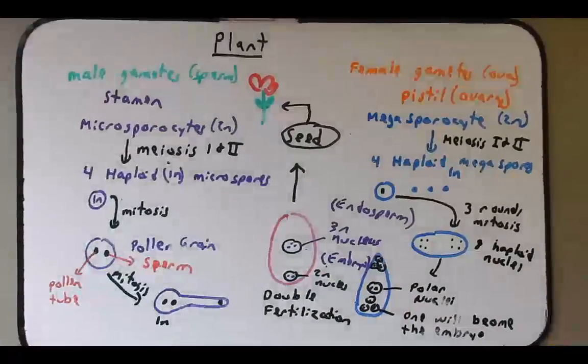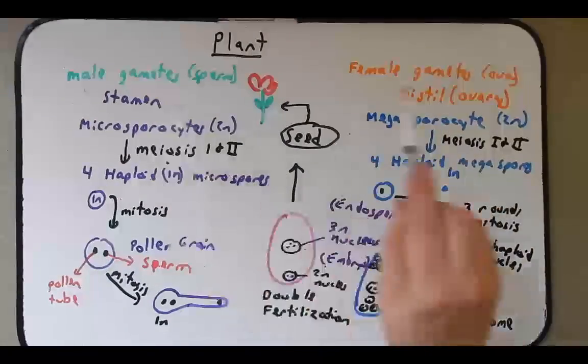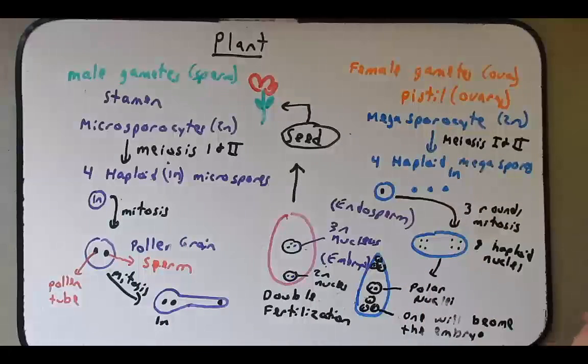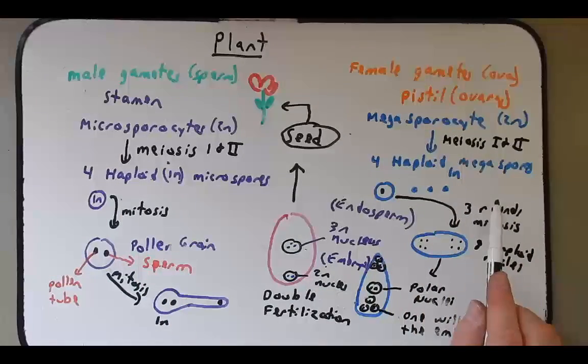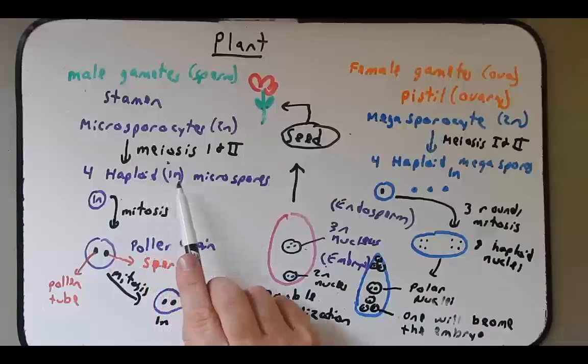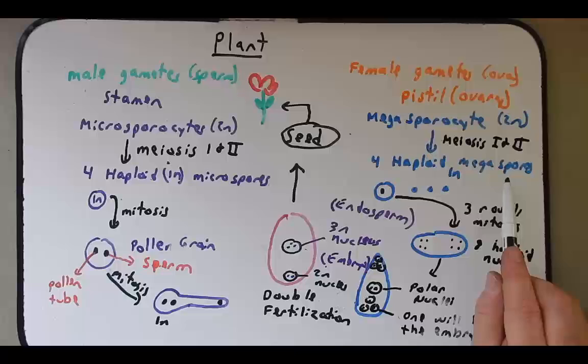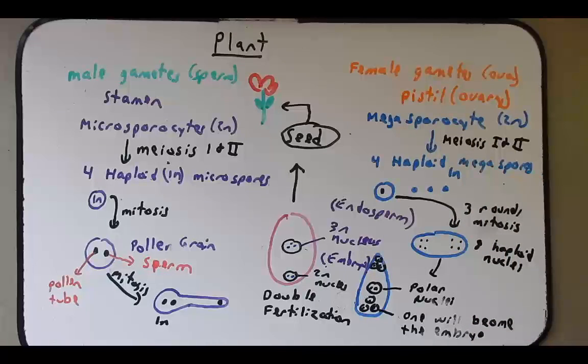Okay, to quickly summarize, the plant has male and female reproductive structures. They contain microsporocytes and megasporocytes that through meiosis 1 and 2 will produce haploid microspores from the male reproductive structures and haploid megaspores from the female reproduction. They both now undergo mitosis.